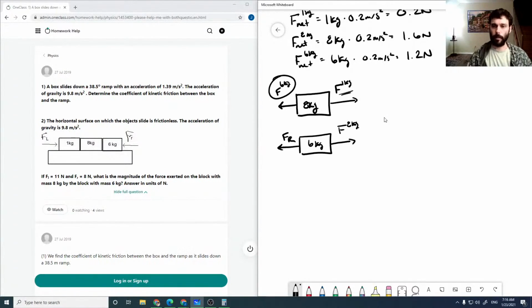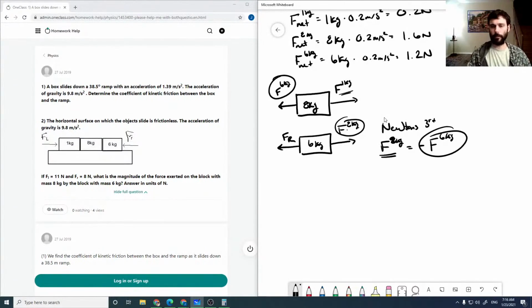I'll end up messing it up if I use this kind of terminology too much, but we know from Newton's third law that our F8 kg here is equal to minus our F of our 6 kg. So we can get our force of our 6 kg by solving for this F8 kg.